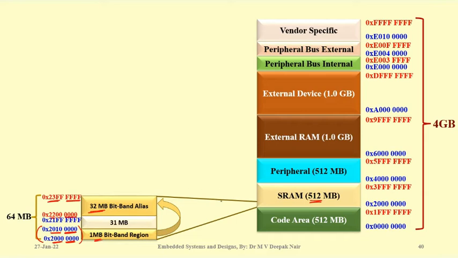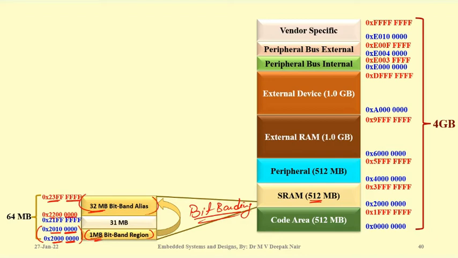Bit banding is one very important feature of ARM architecture. Bit banding means each individual bit in this memory area has got its own 32-bit register in this area.